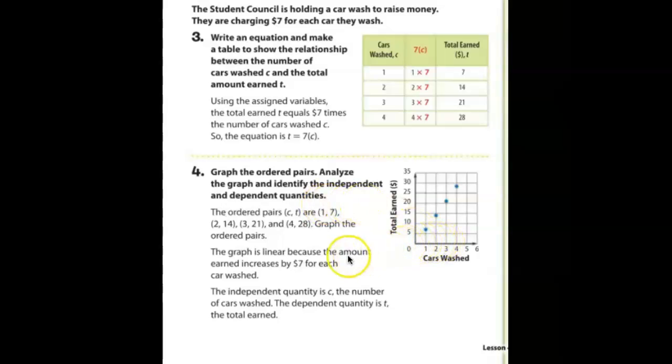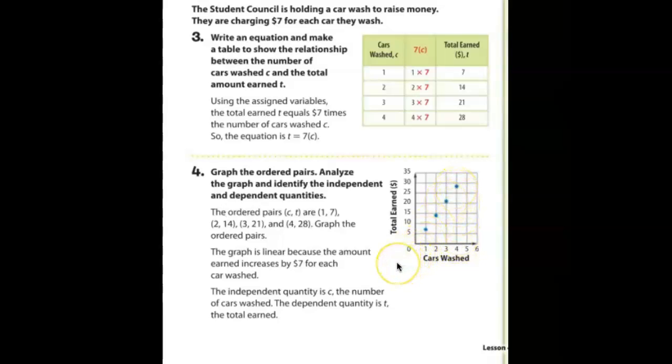Okay. So the first ordered pair, if we have cars washed, 1, and the total amount earned, 7, that's going to be represented by 1 comma 7. So in the graph, 1 comma 7, and then we have 2 cars washed, 14, 3 cars washed, 21, 4 cars washed, 28.